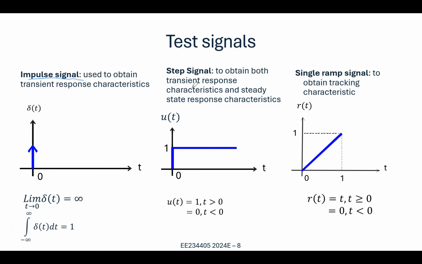And then the second one is the step signal. Here it is used to, again, obtain some characteristics. The step signal has the value 1 if the time is positive, and it has value 0 if time is negative. So what if time is 0?